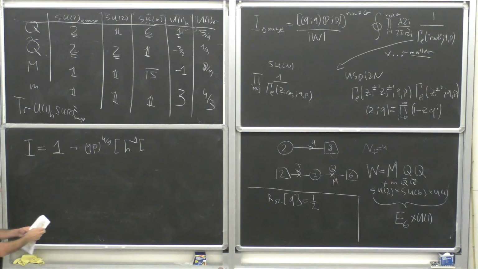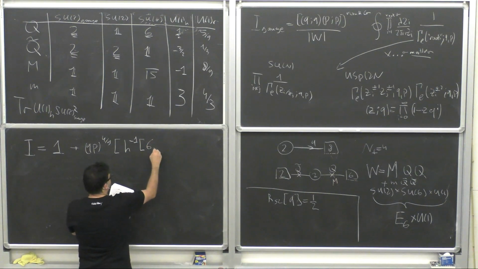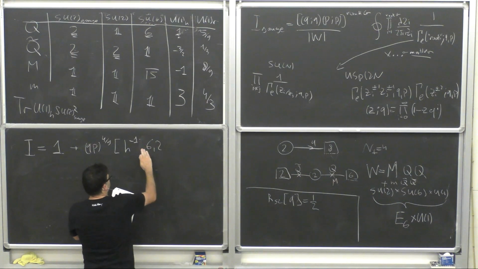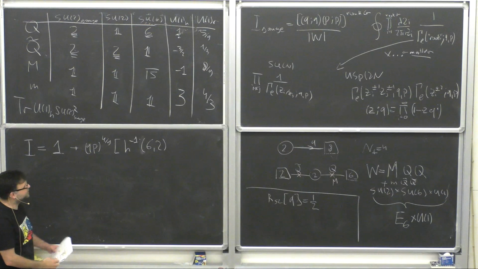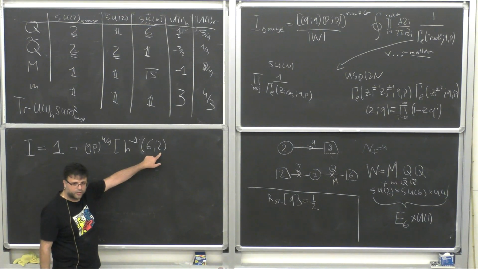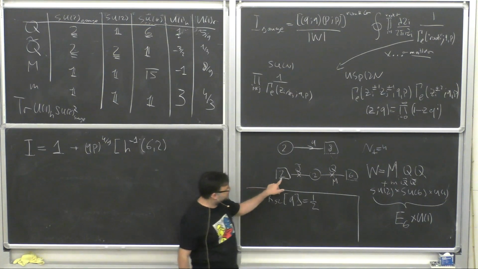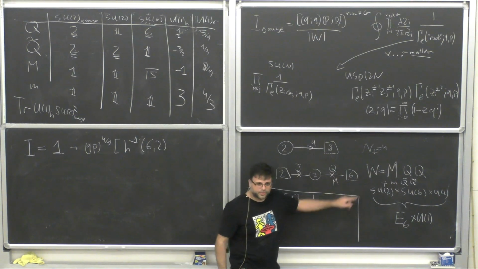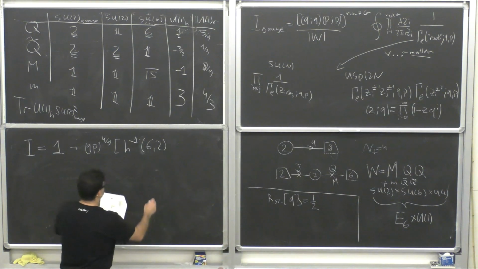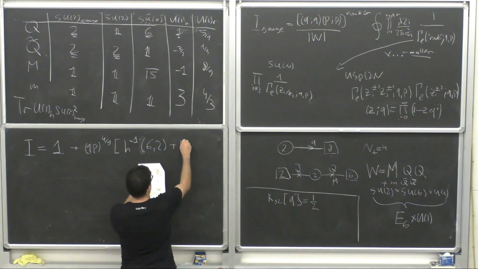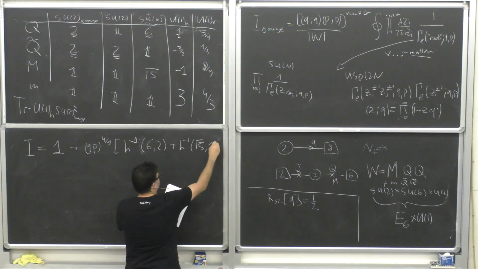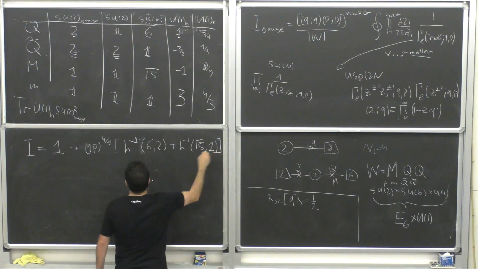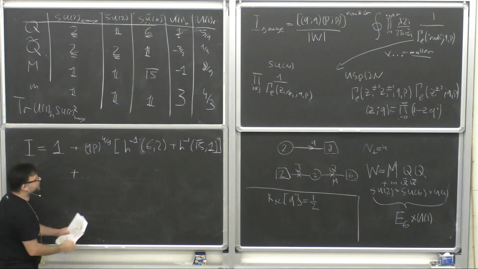We have a 6, 2: a 6-dimensional representation of SU6 and a 2-dimensional representation of SU2 global symmetries. We have also something which behaves like h to the minus 1, and which is in the 15 bar representation of SU6 and a singlet of SU2.